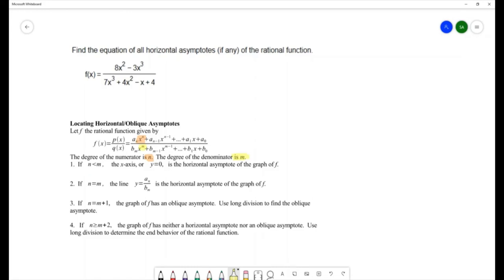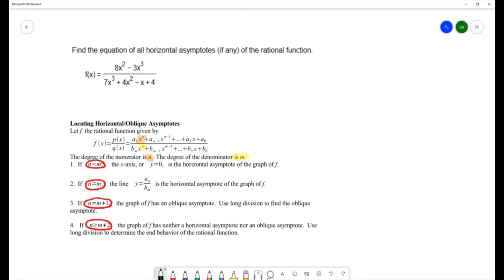And then what we do is we compare those values. If the degree of the numerator is smaller, if the two degrees are equal to each other, if the degree of the numerator is bigger by 1 and bigger by a lot, we have these different cases. So we need to determine the degree of the numerator and the degree of the denominator.